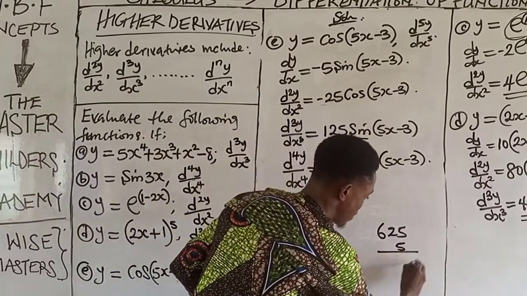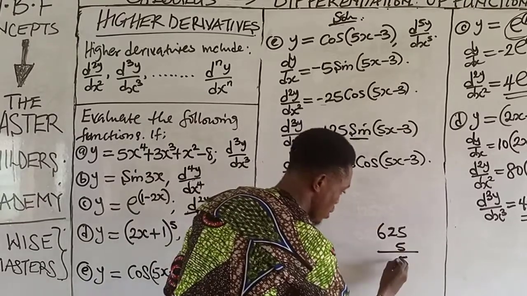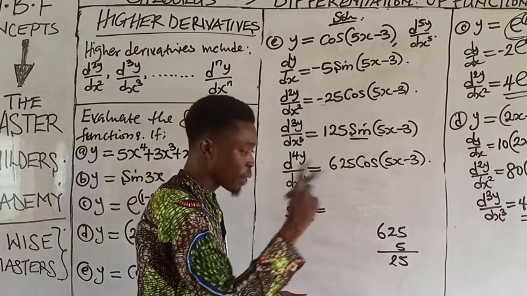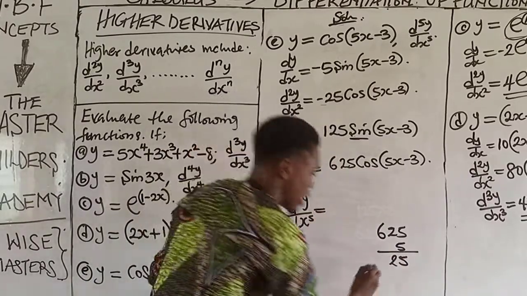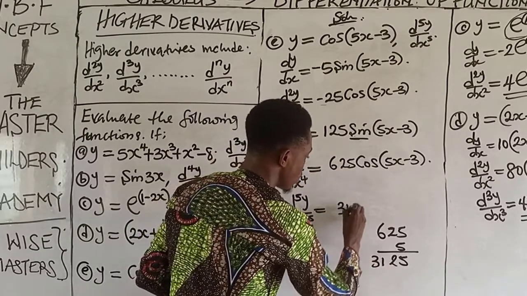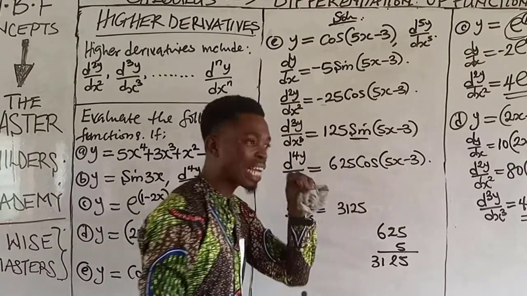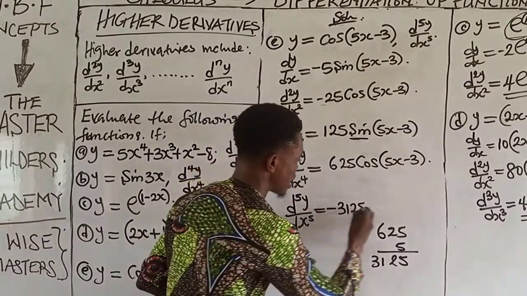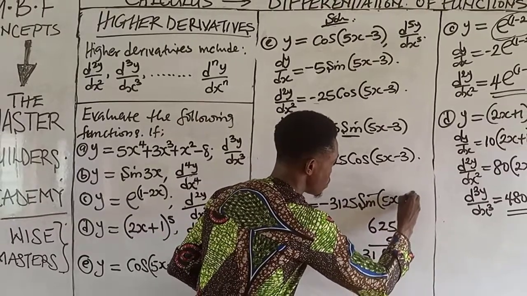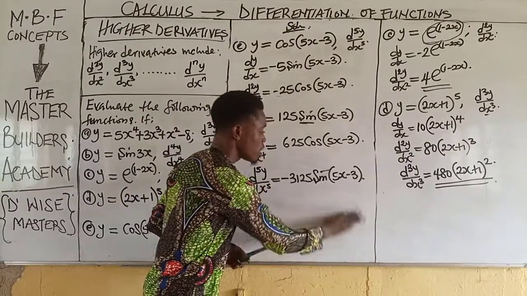So you multiply this by 5. 5 multiplied by 5 is 25. 5 multiplied by 2 is 10, plus 2, you have 12, carry 1. 5 times 6 is 30, plus the 1 you carry, that's 31. So you have 3, 1, 2, 5. You pull down 3125. Now the next is when you differentiate cos, you have negative sine. Then put down your negative here, then put that sine, and repeat the given angle. This is how this question is solved.